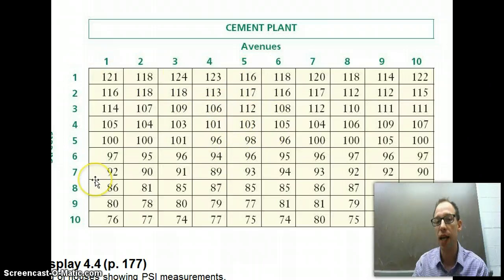And in this case, that makes a lot more sense because the row is more or less the distance away from that cement plant, which is the driving factor, looks like, in how much of that air quality is affected. So because we stratify by row here, we're able to reduce our variability.